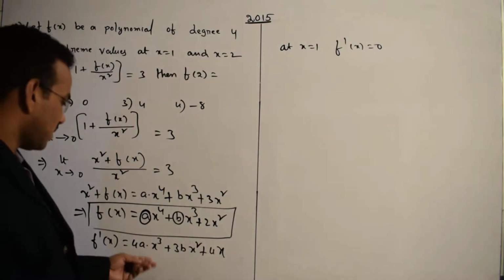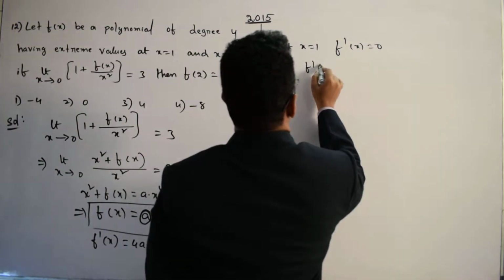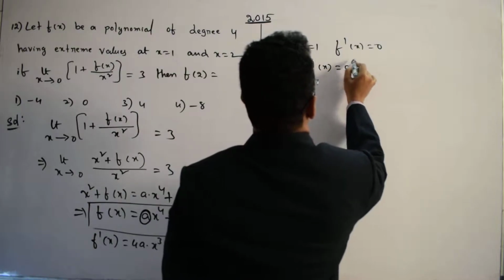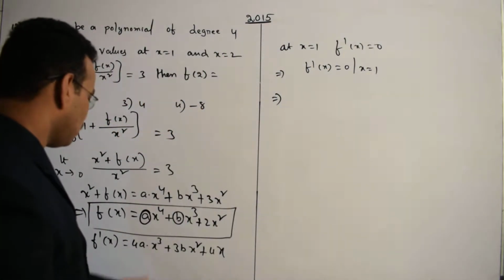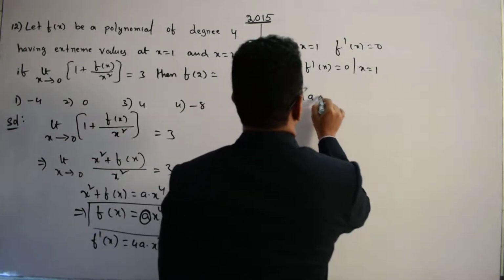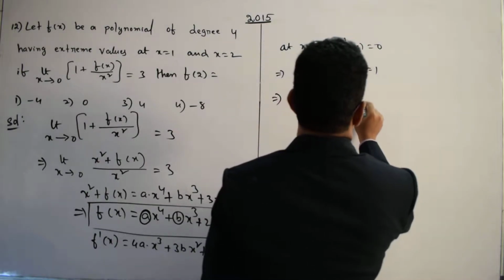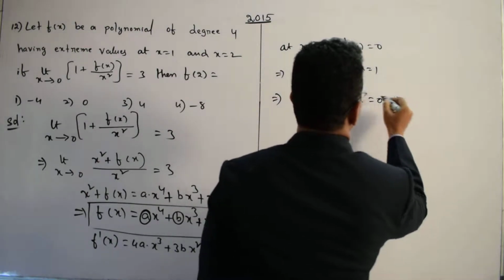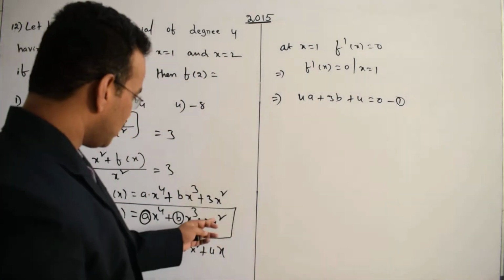You have to substitute x equals 1, so f'(x) equals 0 at x equals 1. This implies 4a + 3b + 4 equals 0. You can take this as equation 1. In the next step, here 2 into 2 exactly.